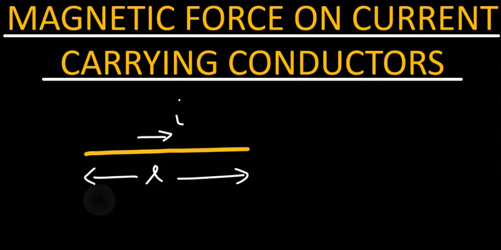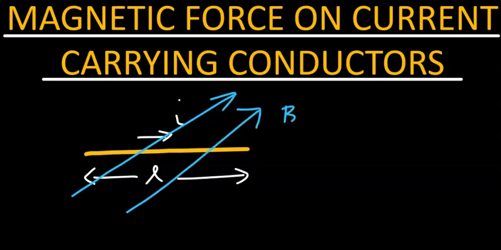Assume that this conductor is placed in a region where there is a magnetic field directed in that direction. An electric current is flow of positive charges, in this case to the right.